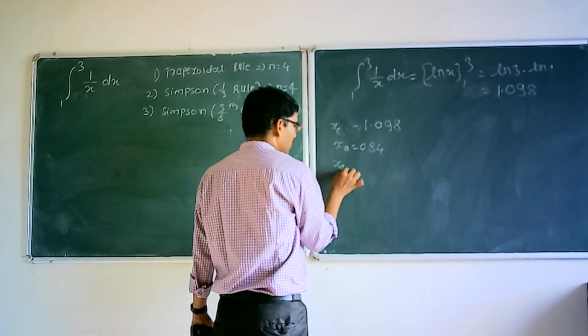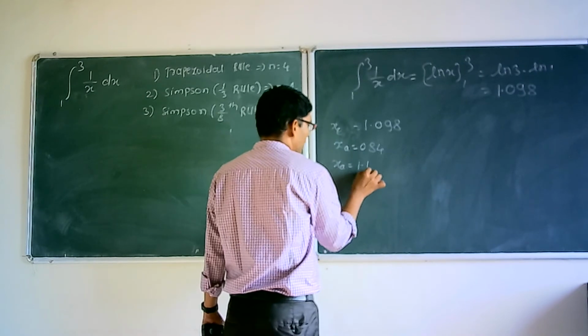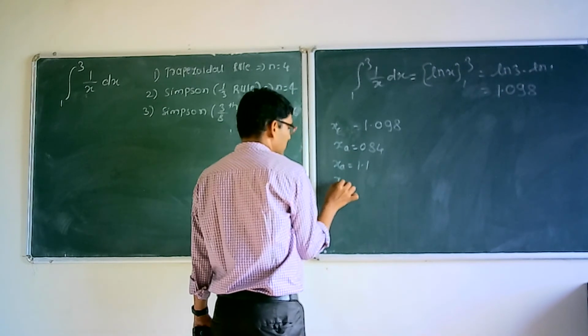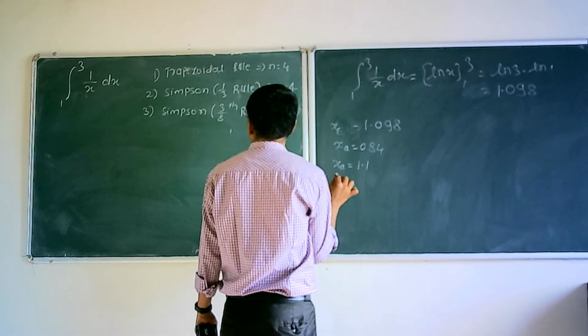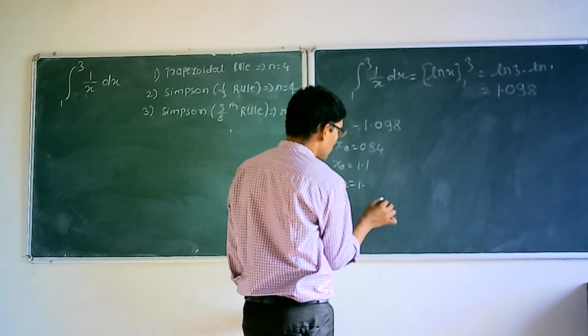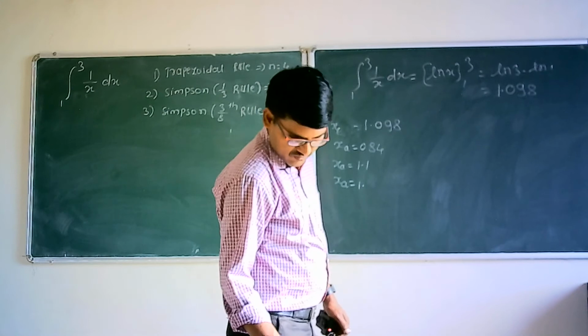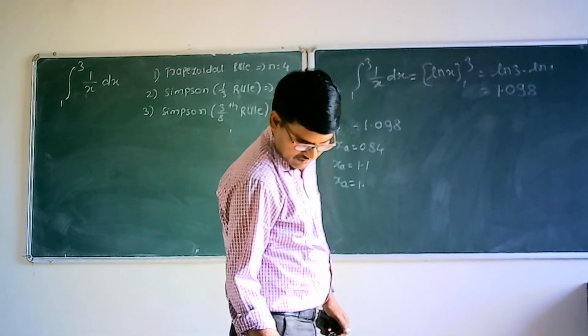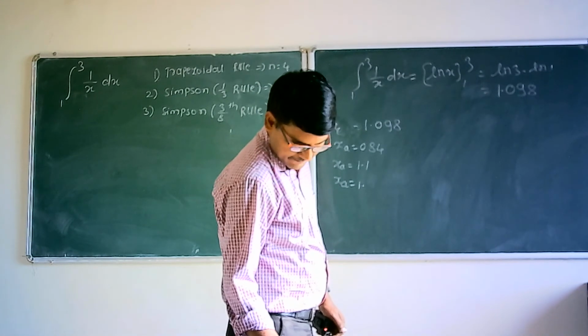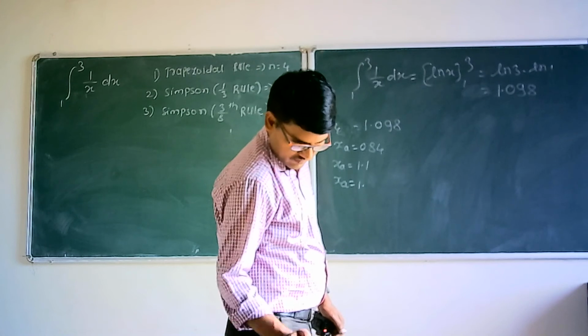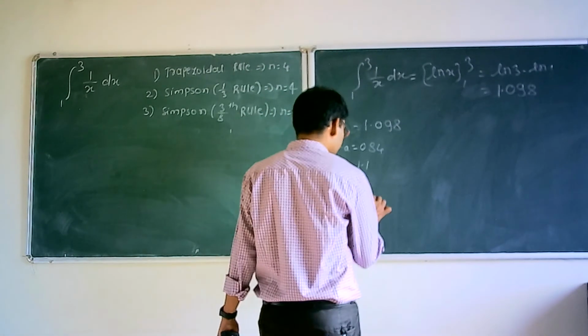In the Simpson 1/3 rule it is 1.1, and in the 3/8 rule it is 1.10125.